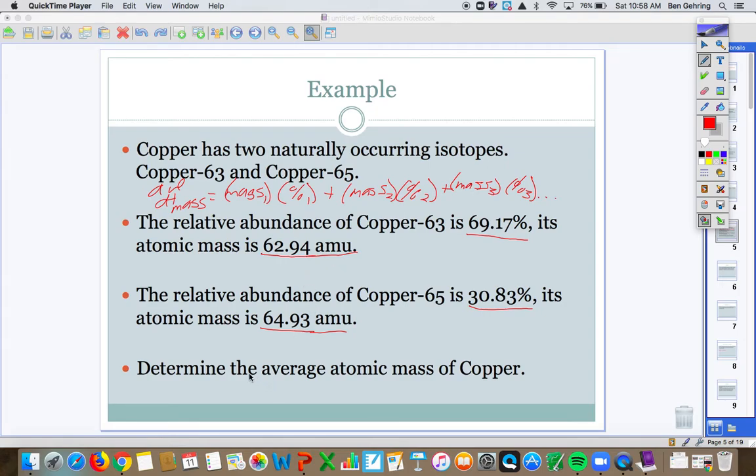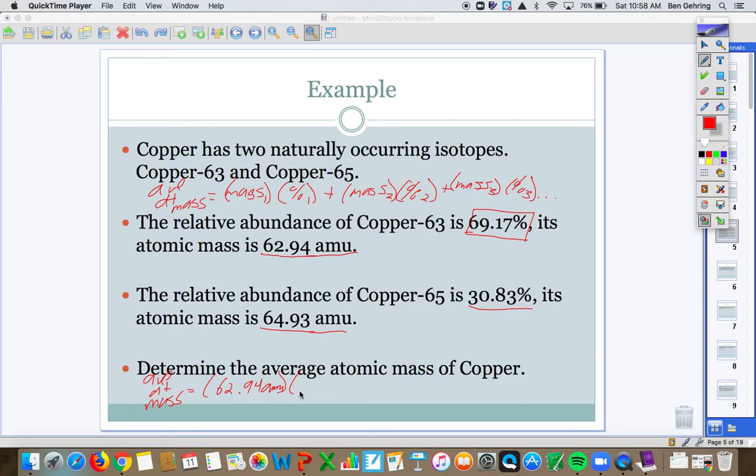So for this, I have 62.94 AMUs as my mass. My average atomic mass equals 62.94 AMUs times, I've got to make this a decimal. To make a percentage a decimal, we divide by 100 or move the decimal 2 places to the left.